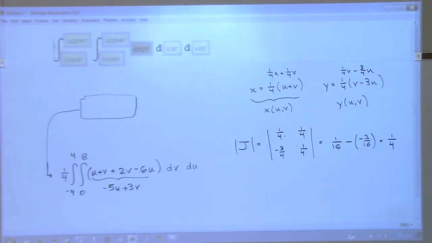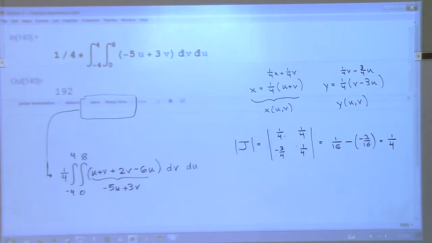Okay, so we have 1/4 out front. And we have -4 to 4, and then 0 to 8. And then we're doing -5u plus 3v. Going with v first, then u. 192.